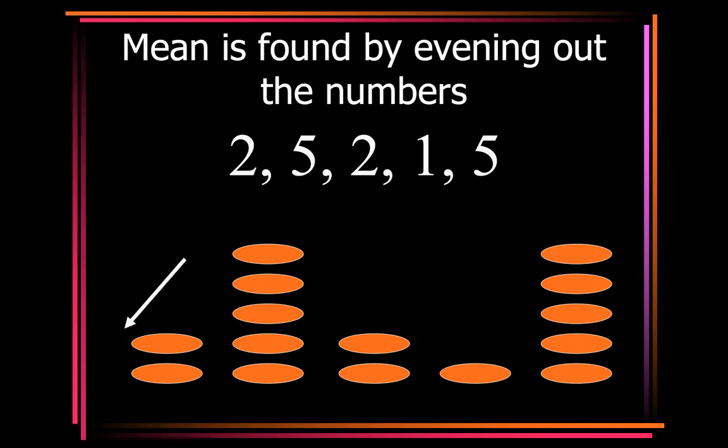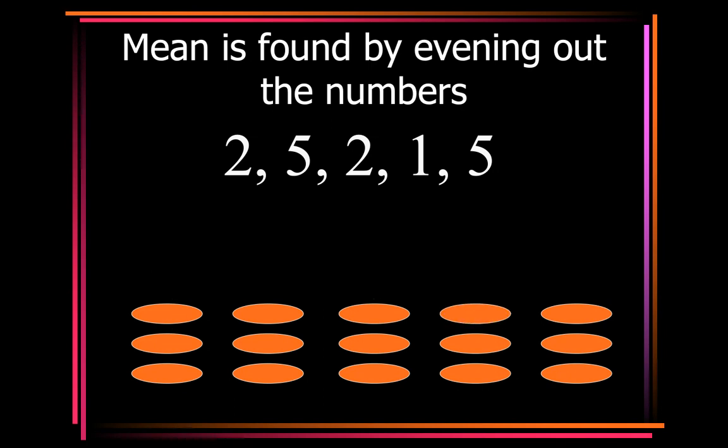So, let's say I move some things around. Now it looks like this. That's why the average is 3, because if I move things around and even out the playing field, I end up with 5 columns of 3.